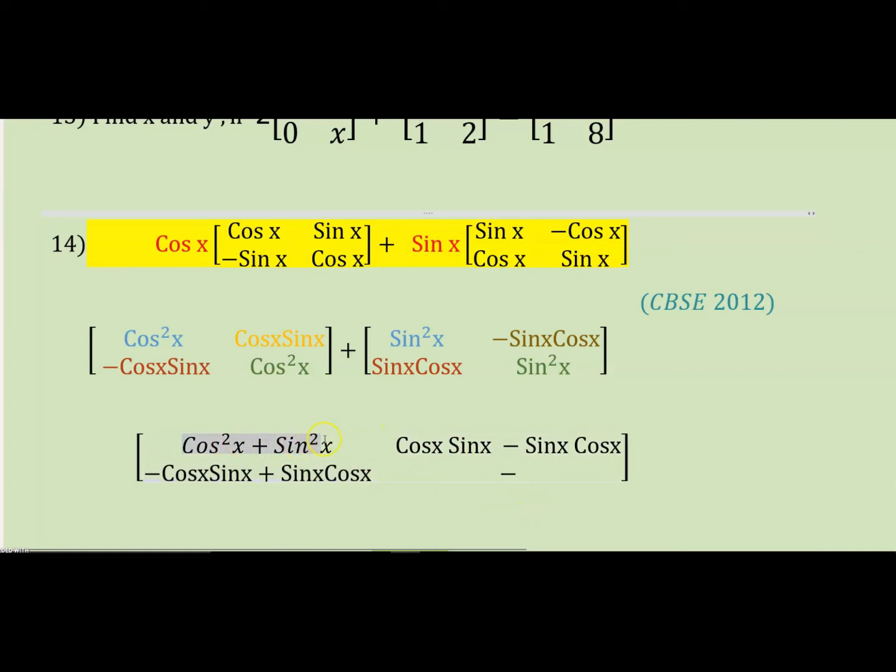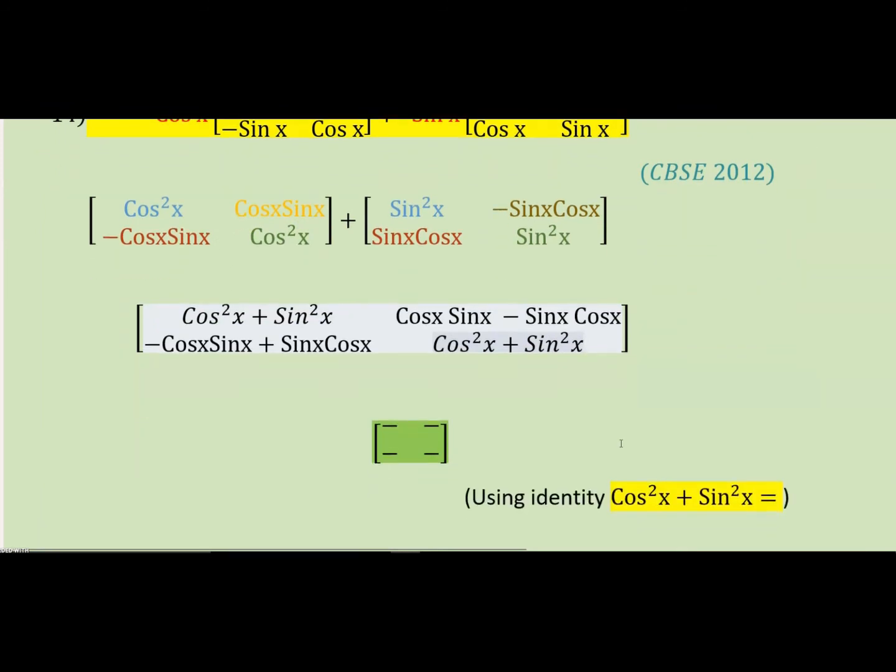So I can write this one as it is. This will be cos square x plus sin square x. Alright, now all of you know that this is an identity, that is cos square x plus sin square x is equal to 1.